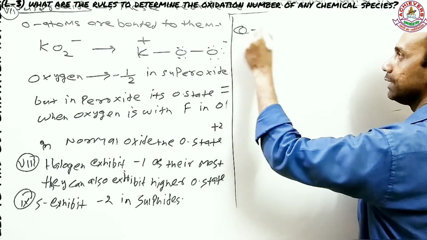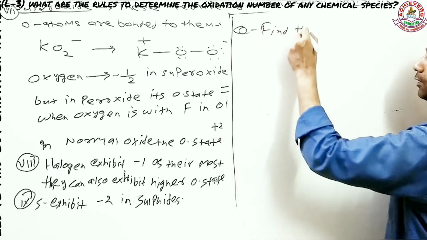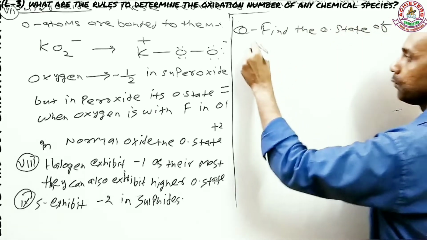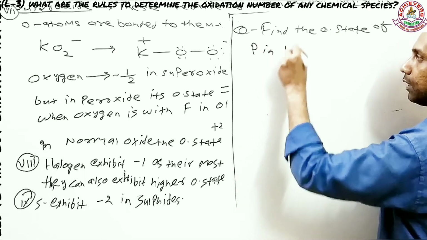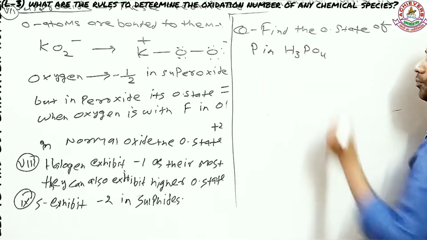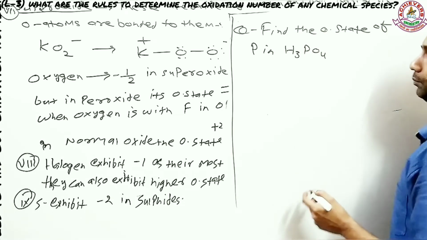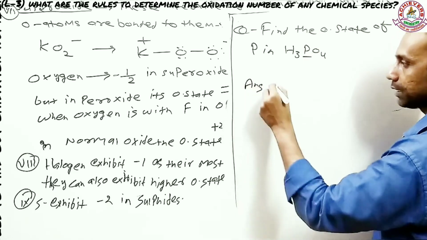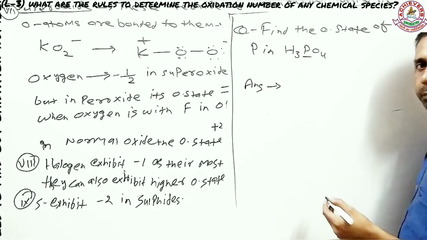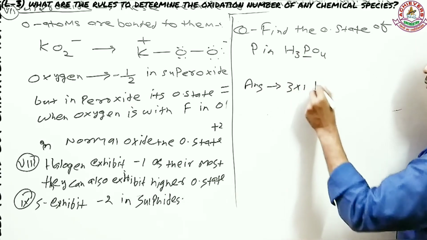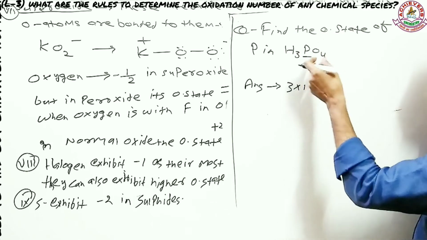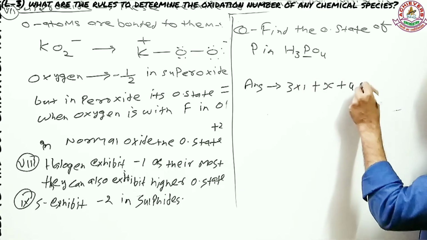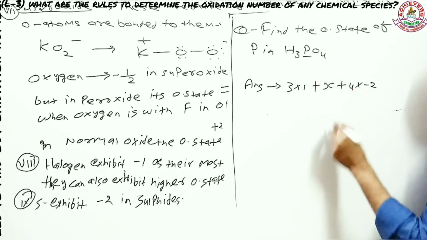Suppose the question is, find the oxidation state of phosphorus in H3PO4, right? So the answer is going to be as per the last line. If you remember, for hydrogen I told you it's going to be +1, so this is 3 into +1 plus X, that is what we have to find, plus oxygen under normal condition as -2, so 4 into -2.